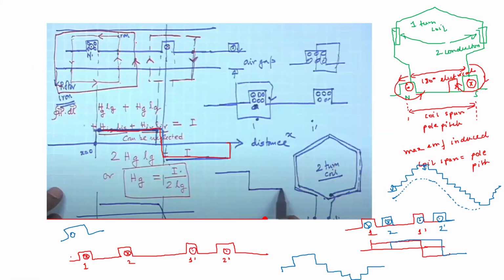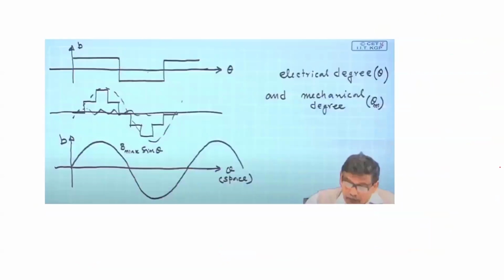You can see this lecture of sir also, and my discussion also. Because of this distribution, because of how the windings are placed in the slots, you will get the maximum MMF like this. So MMF or EMF, both you will get sinusoidal like this. That is why sir was also writing this B max sine theta.